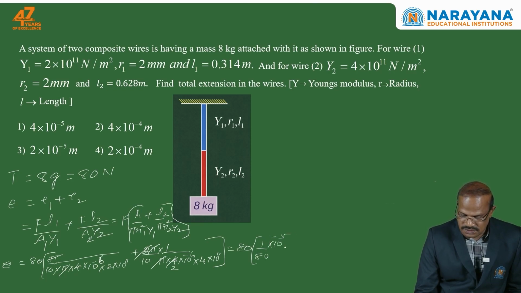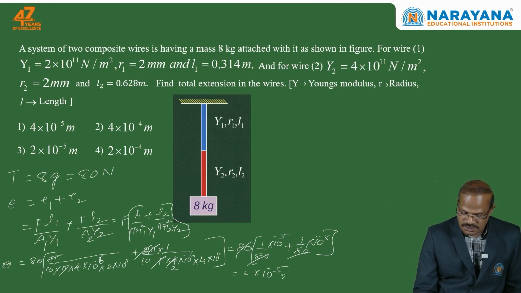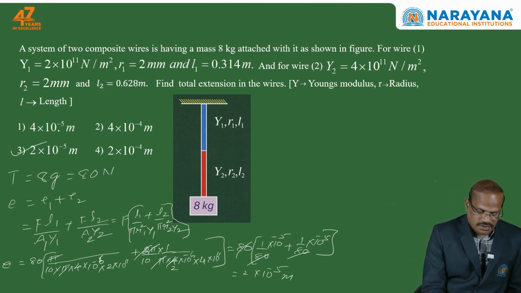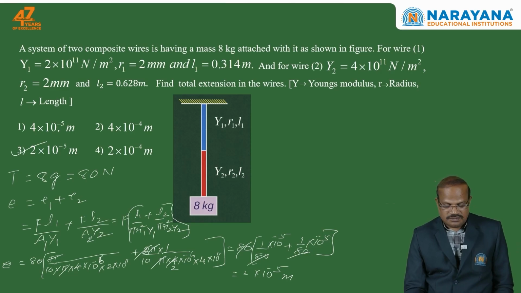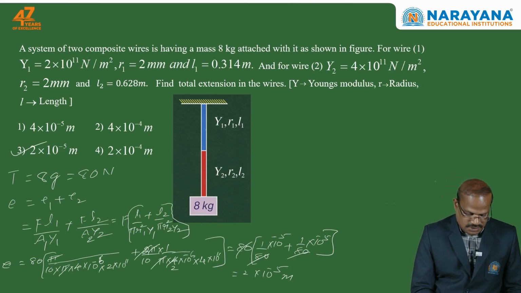And in the second term, 2 4 8 into 10, this is 1 by 80 again into 10 power minus 5. So you can cancel 80, and this is 2 into 10 power minus 5. So the answer is third option. So 2 into 10 power minus 5 meter is the total extension in the two wires together. Okay, next let us see the next question.